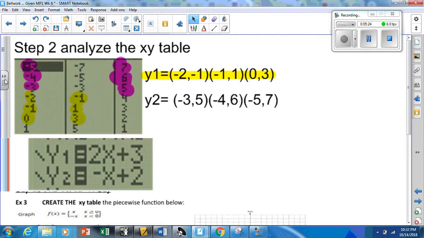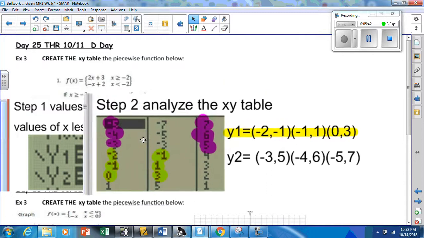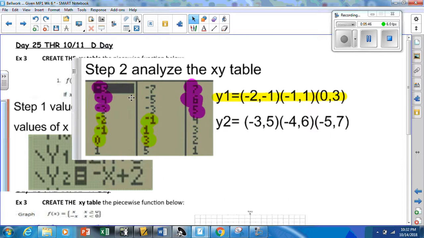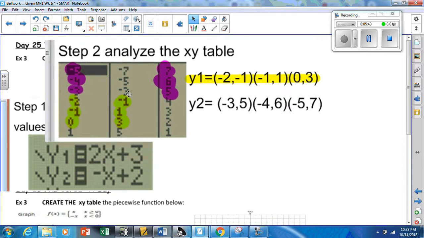Consider step 2. We have to analyze the XY table. When we analyze the XY table, we take a look at the solutions. So we know when x is greater than or equal to -2, these solutions are true: -2, -1, -1, 1, and 0, 3.